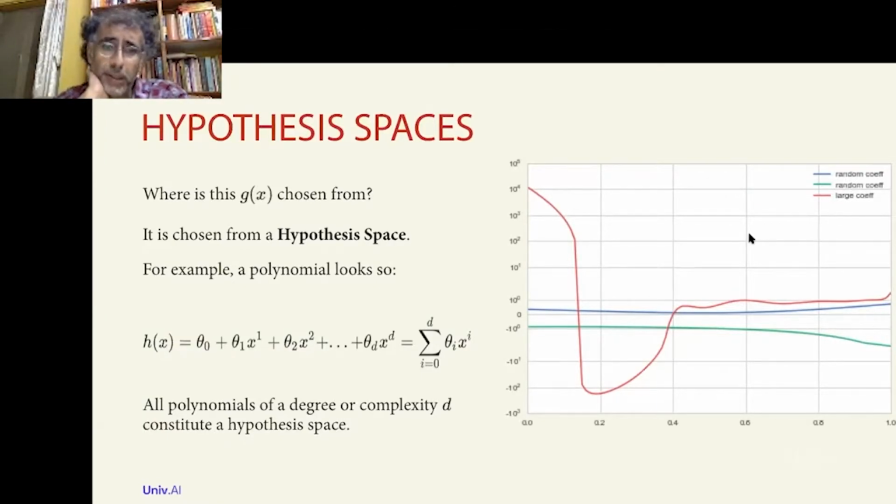For example, look at the function I've written on the left over there. It's basically theta 0 plus theta 1 x plus theta 2 x squared plus theta 3 x cubed and so on and so forth up to some degree of the polynomial d. So this, as you probably know from math class way back in the past, is a polynomial.